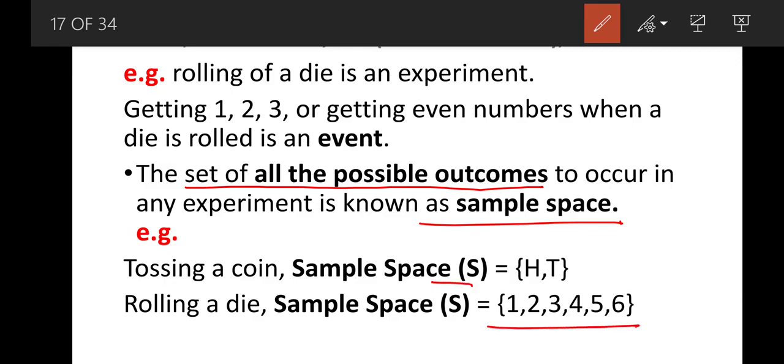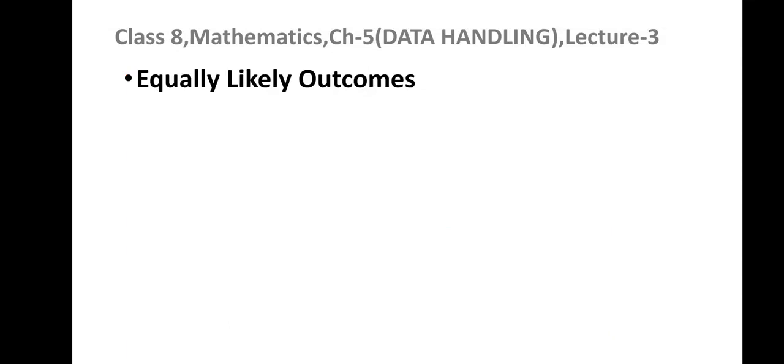Simple as this. Now, what do you mean by equally likely outcomes? Suppose you toss a coin several times and the number of times you get head or tail is noted. Suppose you and your friend are playing a game and both of you are tossing a coin and the number of times you get head or tail is noted. If you observe that table, you will find that as you increase the number of tosses more and more, the number of heads and the number of tails come closer and closer to one another.